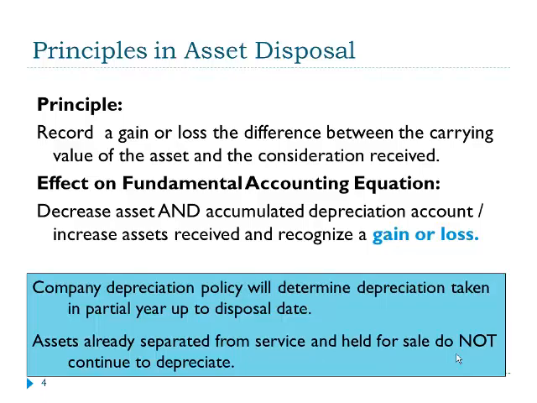Another important feature is that assets that have already been separated from service and are held for sale do not continue to depreciate. You may remember that we classified these assets not as fixed assets, but as investments, if they're not being used productively in our business.